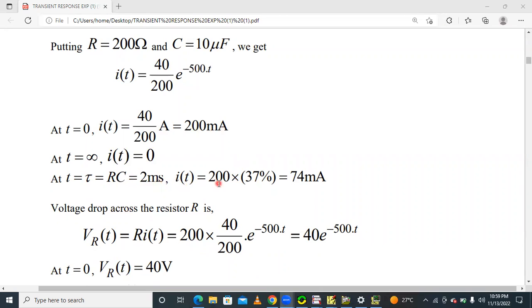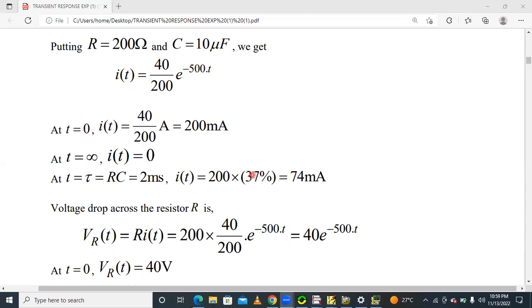The current is 200 milliamps times 37%, which is called the time constant. The voltage across the capacitor increases exponentially and the current decreases exponentially.